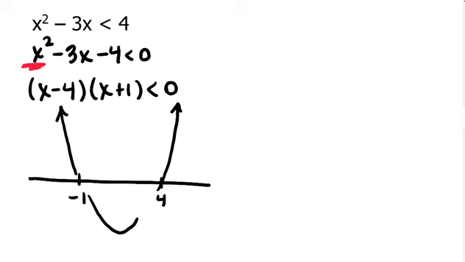Okay, there it is. And I'm interested in where this thing is less than 0. This is where the y coordinate is less than 0, so where it's below the x-axis.